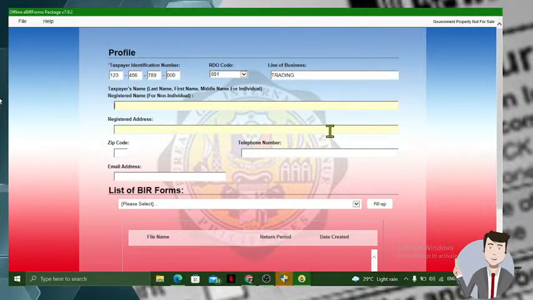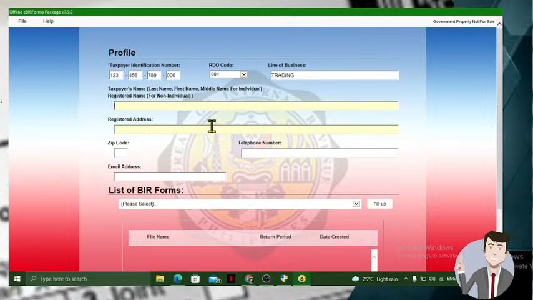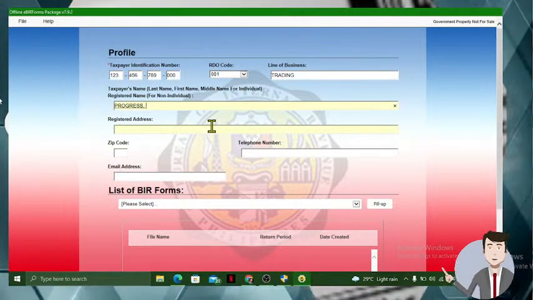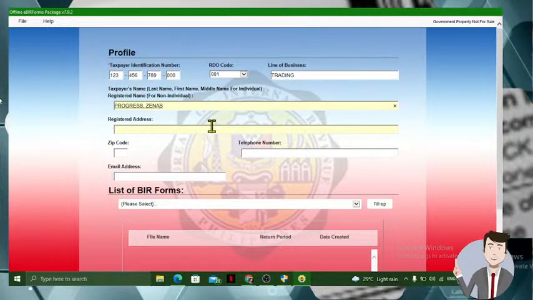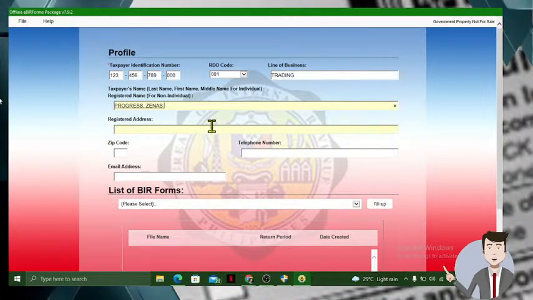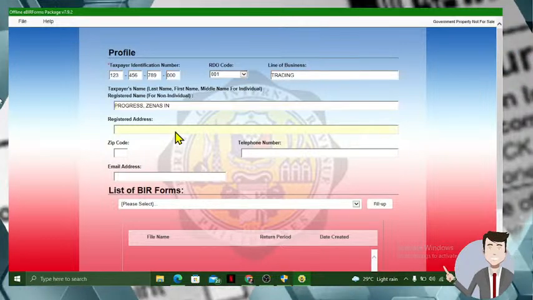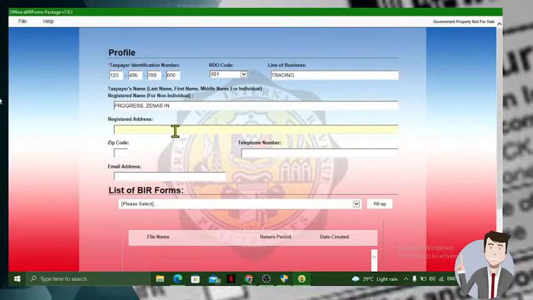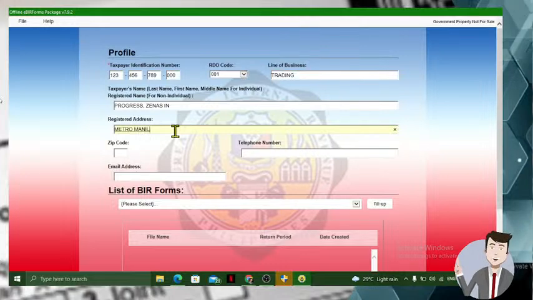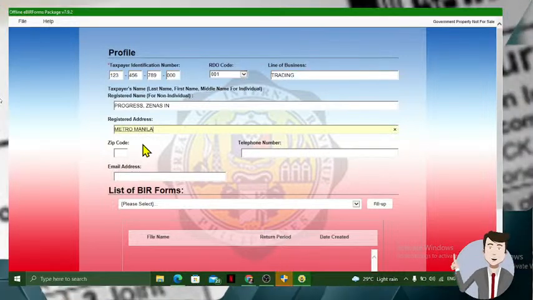Okay, like for example, the taxpayer's name, registered name, address. This is just for the purpose of illustration, guys.